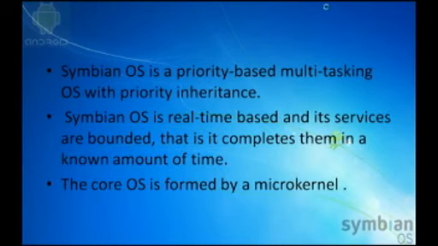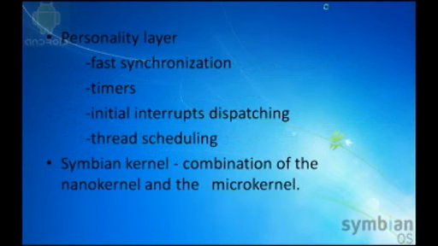The core operating system is formed by a microkernel built as a personality layer on top of a real-time nanokernel. This block is responsible for primitives such as fast synchronization, timers, initial interrupt dispatching, and thread scheduling. The Symbian kernel might be referred to as the combination of the nanokernel and the microkernel.